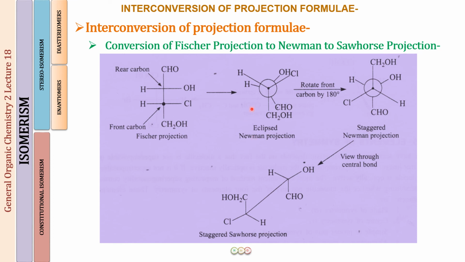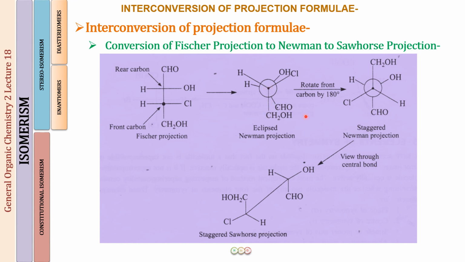Now rotate the front carbon by an angle of 180 degrees. So when we do that, the CH2OH group goes to the top, and the H and the Cl will come below and on the opposite side. So the Cl, you are going to see here, and the H exactly 180 degrees on the opposite side. So here you get that. And now once we have rotated the front, we can see exactly what the groups behind were.